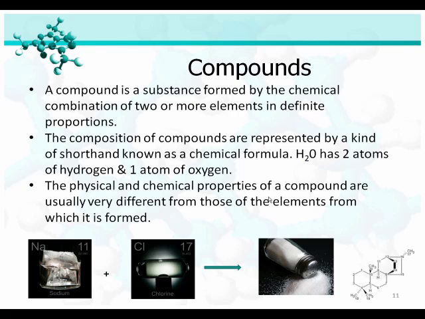As you can see below, sodium and chlorine, two different elements, combine to form sodium chloride. We use sodium chloride on our food, but we would not be able to use sodium as an element or chlorine as an element. But when combined in the form of a compound, they take on entirely new and different characteristics.